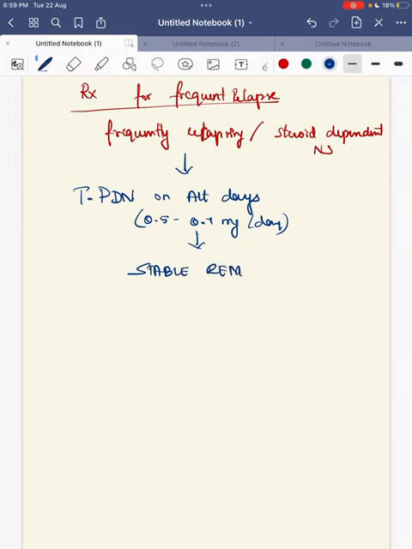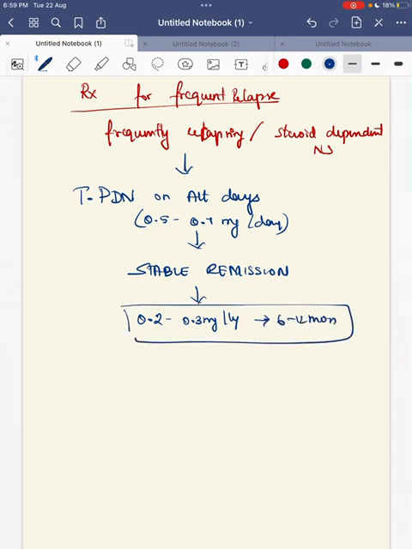Then if the child has a stable remission with this dose, you can reduce the dose to 0.2 to 0.3 mg per kg for about 6 to 12 months.